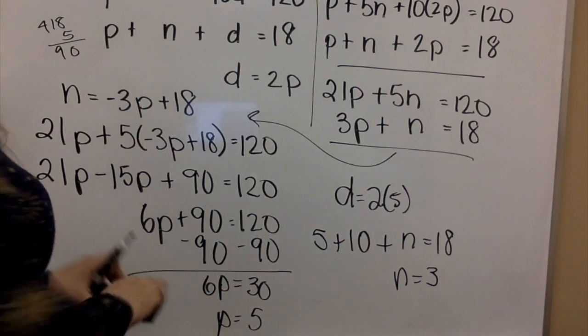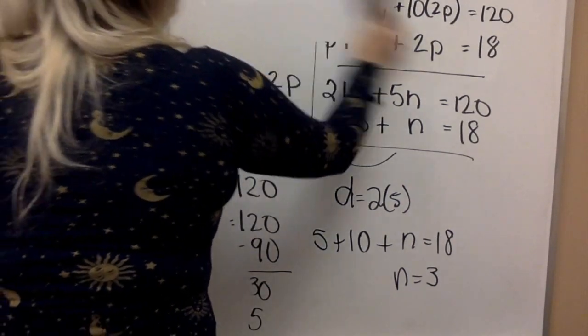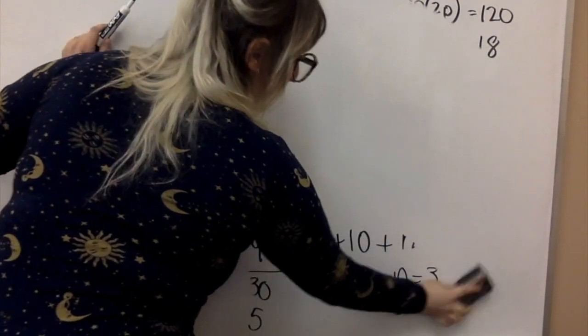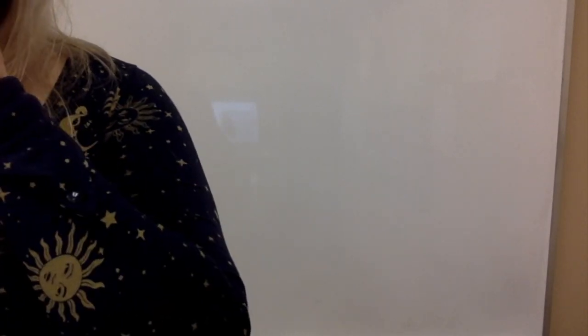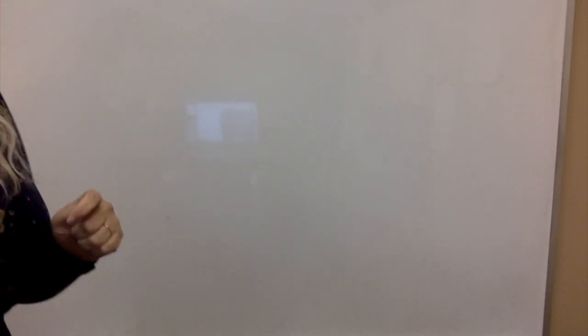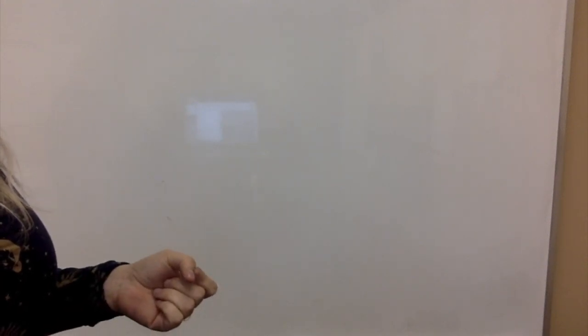Okay, so let's do another one. So let's look at 40. 40 wants us to identify our vertex, equation of the axis of symmetry, maximum, minimum, domain, and range.